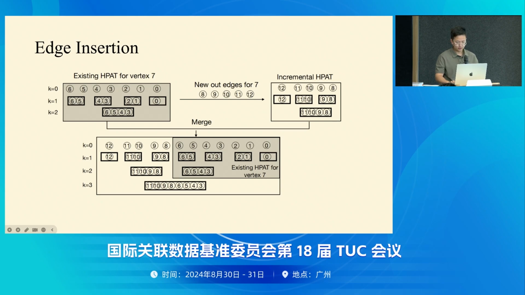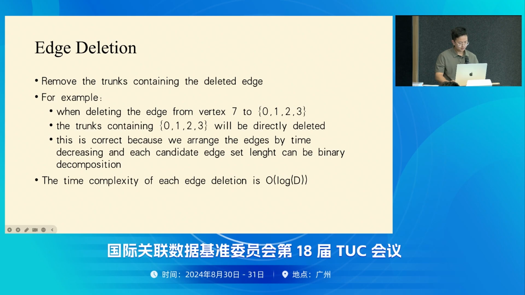For example, the trunk of the new one, which contains 8, 9, 10, 11, can be merged with the trunk of the old one, which contains 3, 4, 5, 6, to get a new trunk, which contains the edges from 3 to 11. In that case, each new edge will only be operated with O(log D) time complexity with a very low overhead.